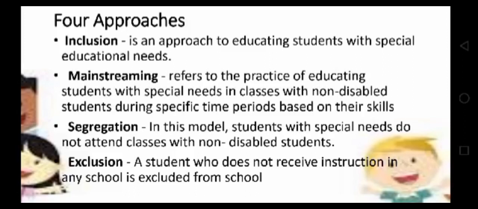In segregation, students with special needs do not attend classes with non-disabled students. And in exclusion, a student who does not receive instruction in any school is excluded from school.